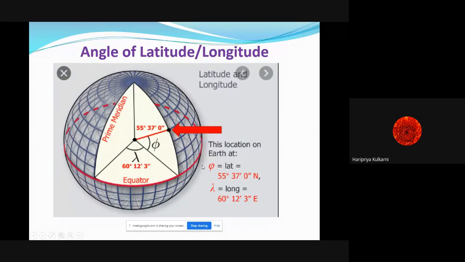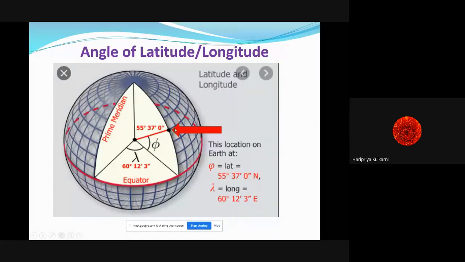Now suppose we are interested in finding the angle of latitude and longitude at a particular point on a globe. Let us consider this as a point for which we want the angle of latitude or longitude.